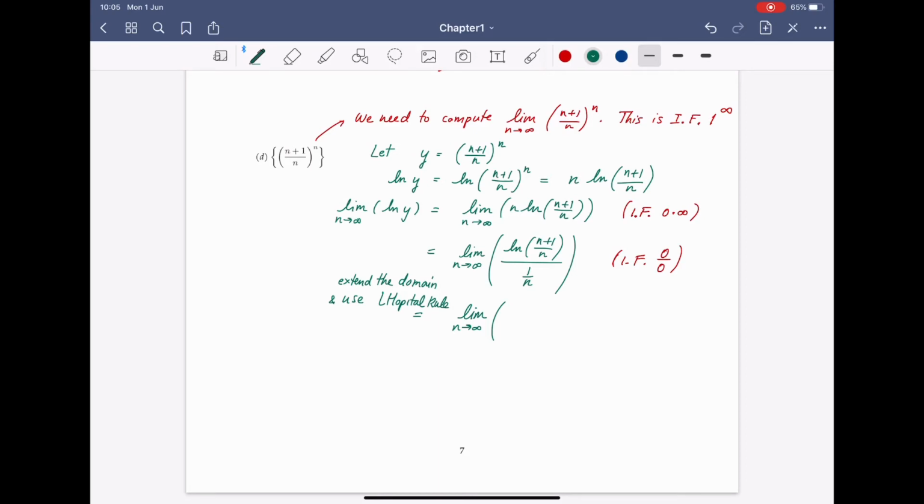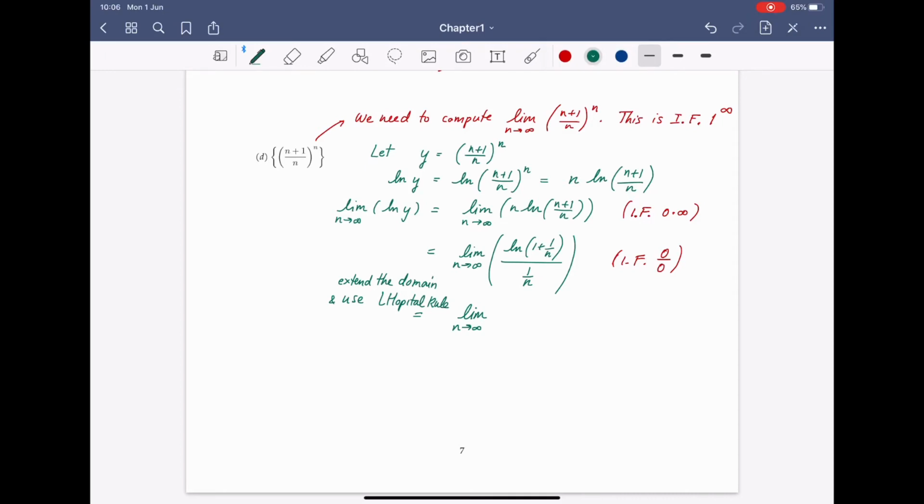differentiate log u, so you get 1 over u. So here you're going to have 1 over n plus 1 over n. Well, let's make it cleaner. We're going to take a step back and say that n plus 1 over n here is 1 plus 1 over n. So it's going to be a lot easier to differentiate.